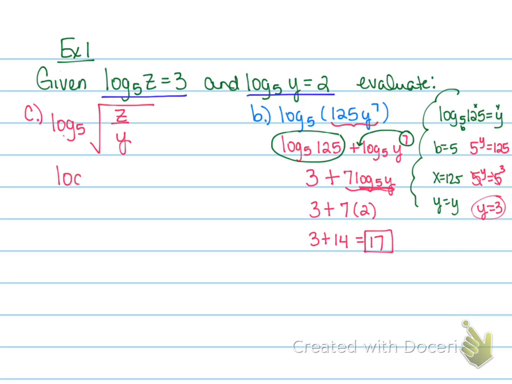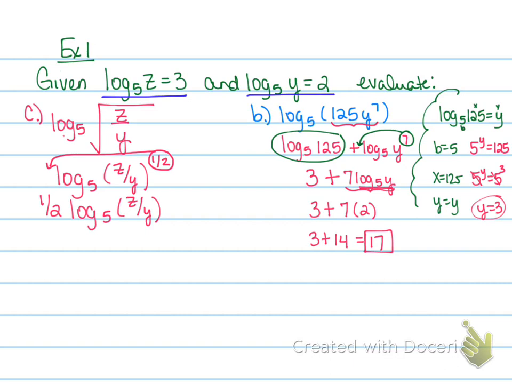So this is the same thing as saying log base 5 of z divided by y raised to the 1/2. And so I can use that power rule now, and I'm going to move this 1/2 in front of its log. So I have 1/2 times log base 5 of z divided by y.